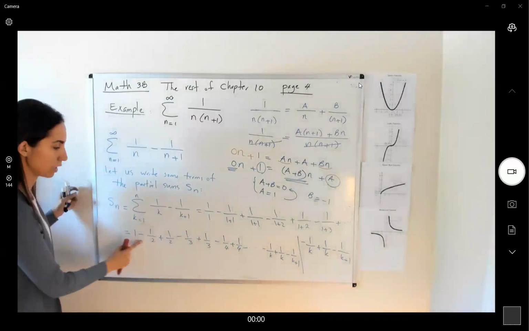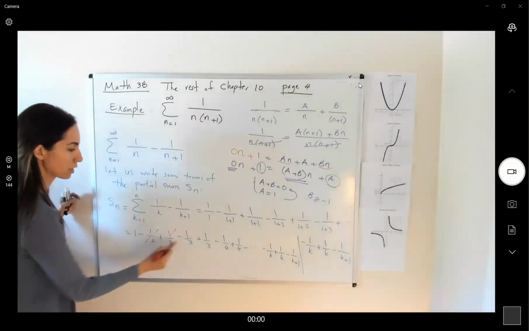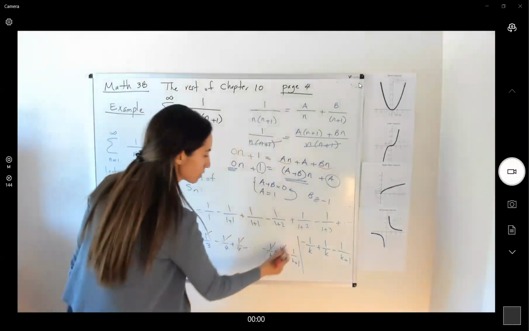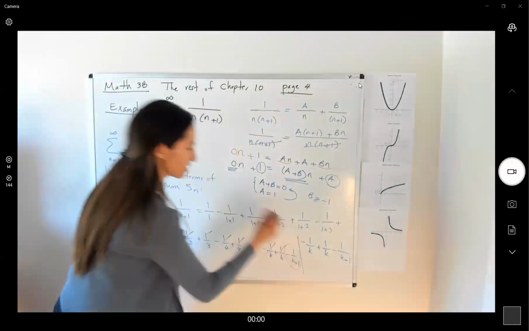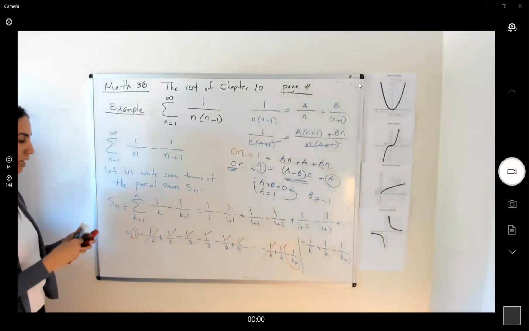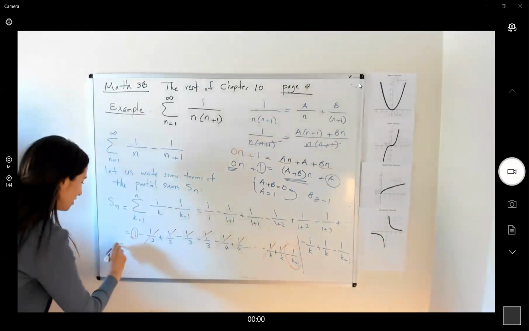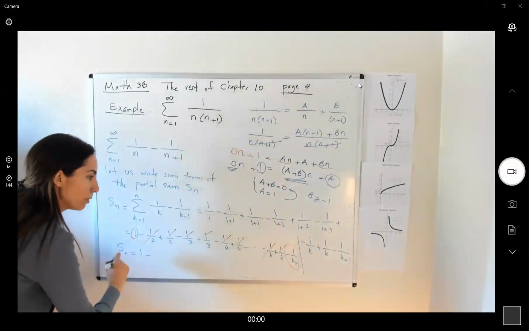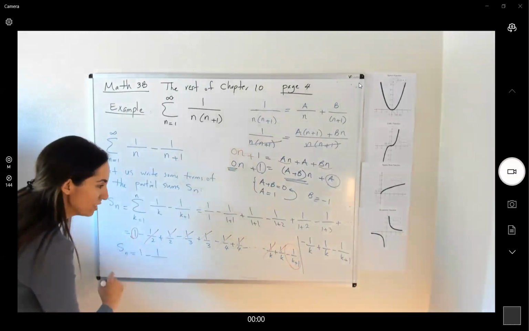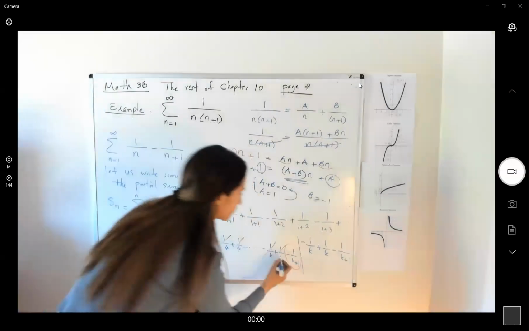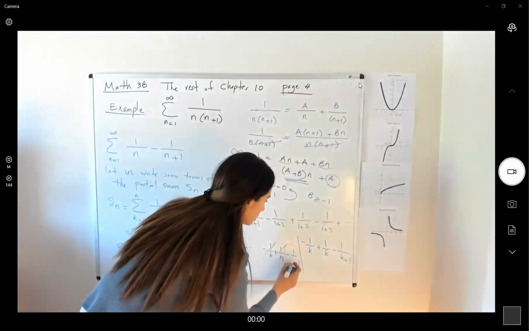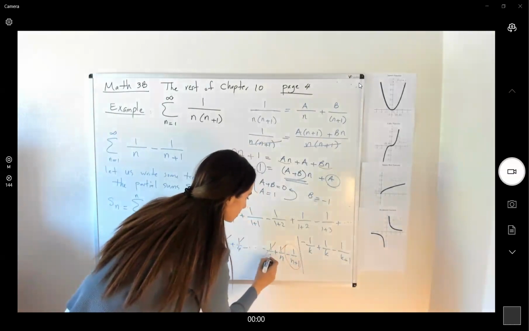So positive, negative, positive, negative. You can cancel out all middle terms. What's left? The first term is left, and the last term. Sn is nothing but 1 minus 1 over the last term here. We have n, sorry, this is n, not k. Let's fix that.